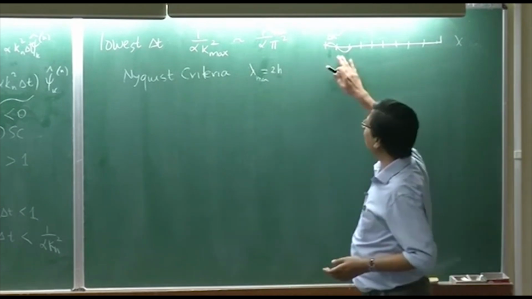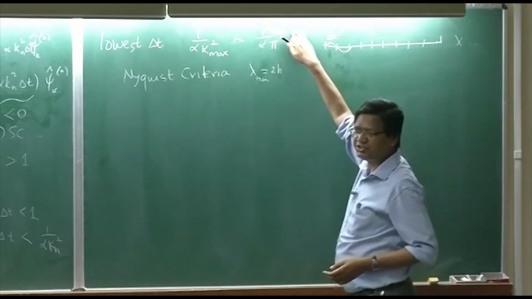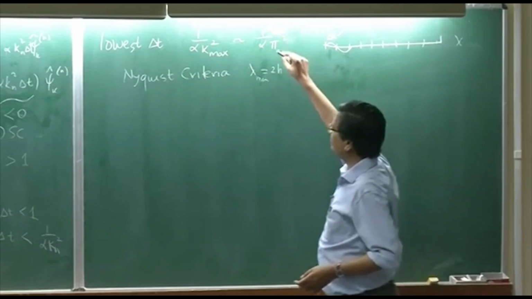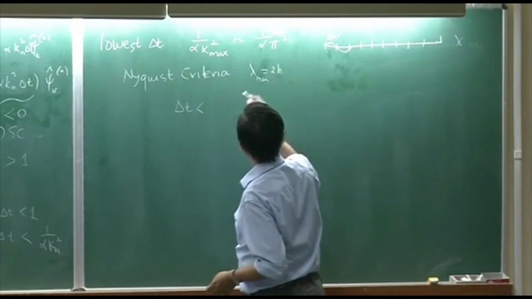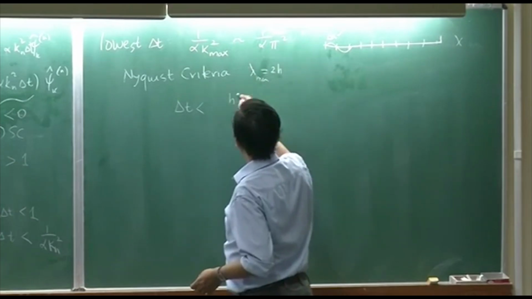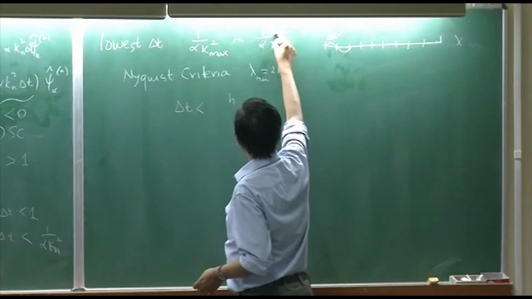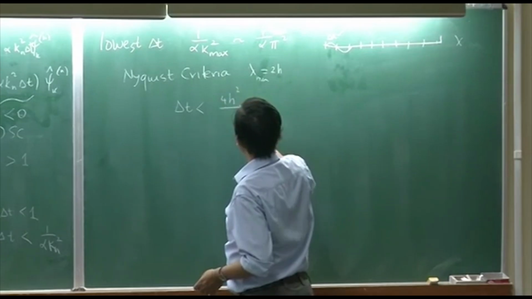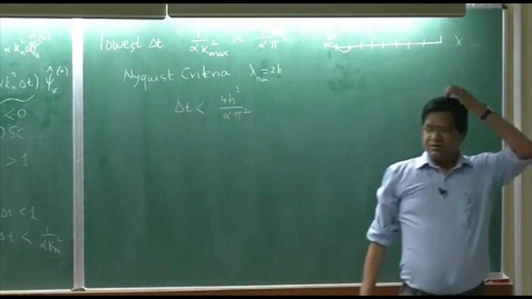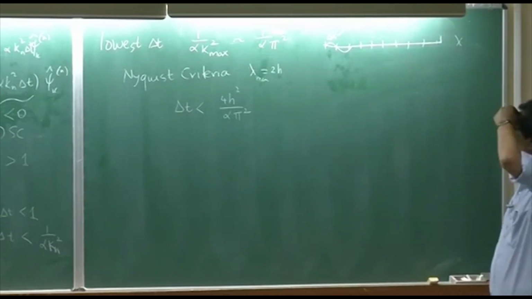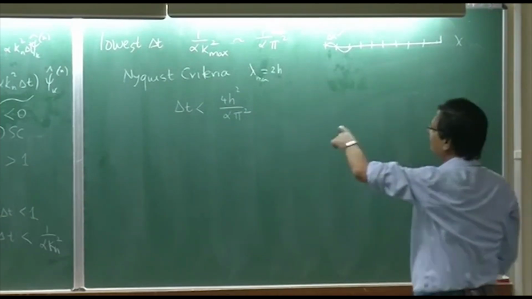So this gives you a relationship between lambda min and h. So my delta t, if I use this, I get lambda min will be 4 squared alpha plus 1. Okay, so I am just substituting it here.